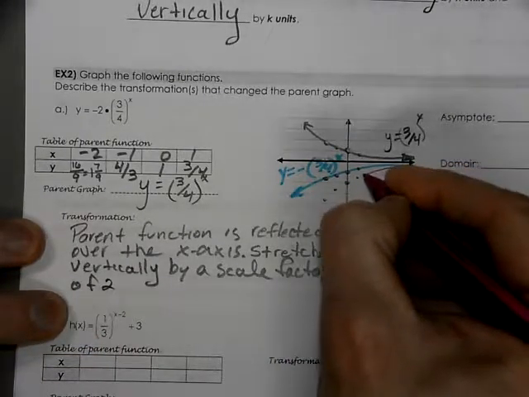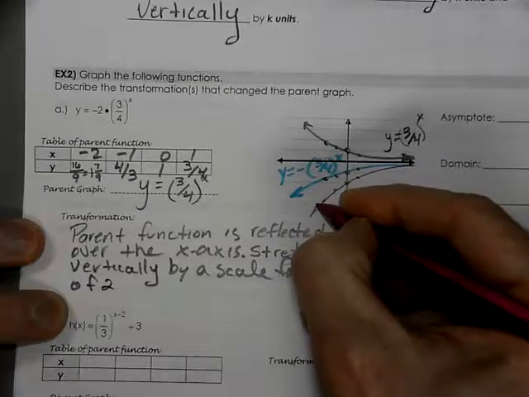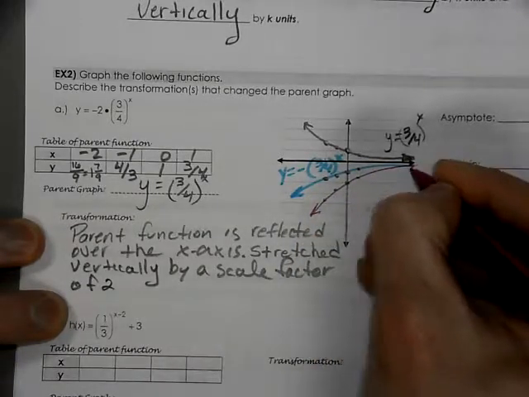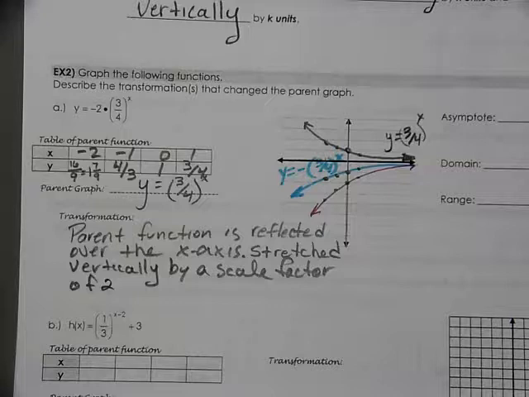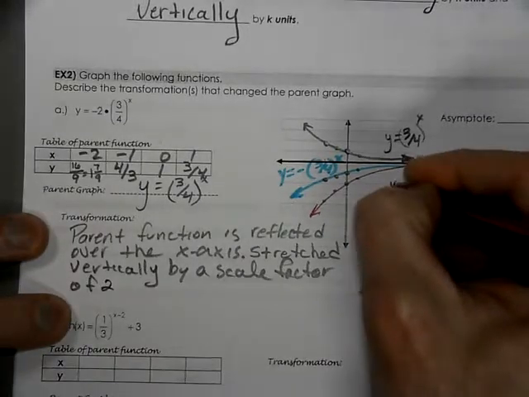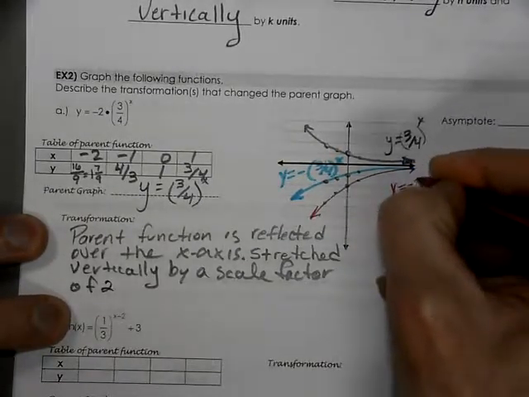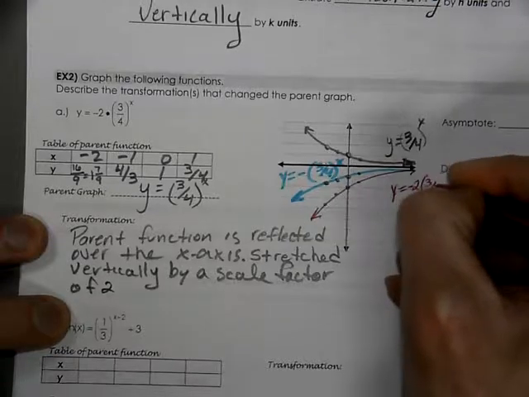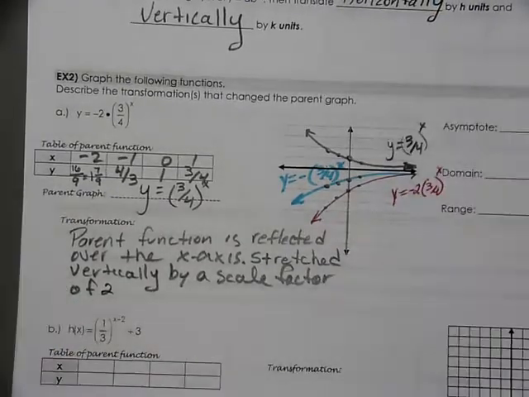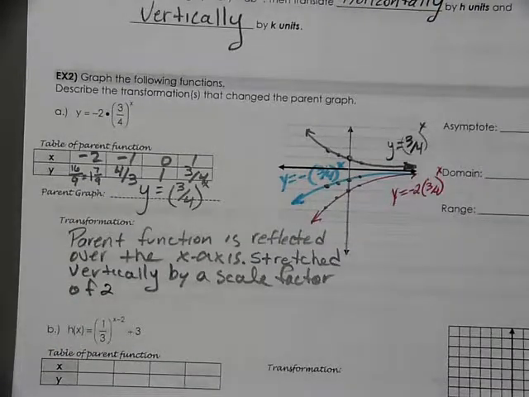But by the end, they're still approaching 0. So this graph is going to be y equals -2(3/4)^x. And that's our final graph.